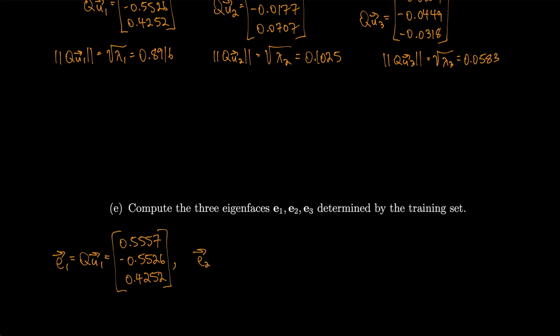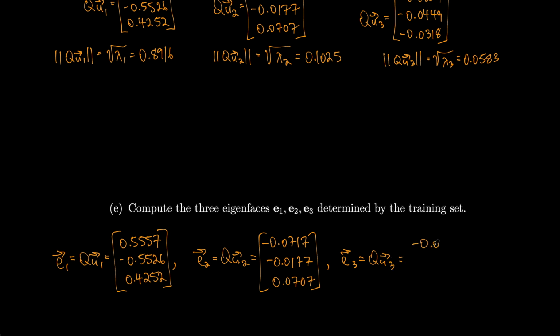E2 is QU2, which is negative 0.0717, negative 0.0177, 0.0707. E3 is QU3, and that'll be negative 0.0201, negative 0.0449, negative 0.0318.